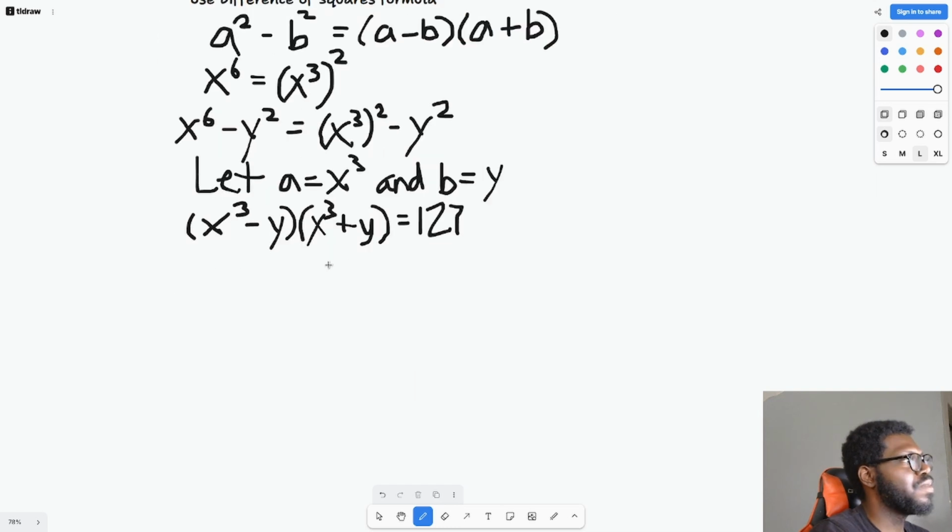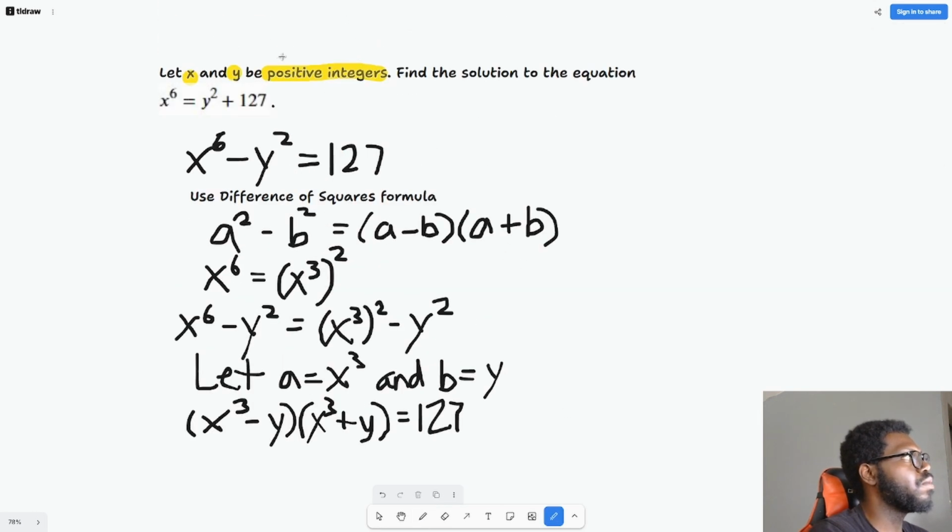All right. Now, at first it might look like we made things even more complicated, but this is where the fact that x and y are positive integers comes into play and becomes very important.